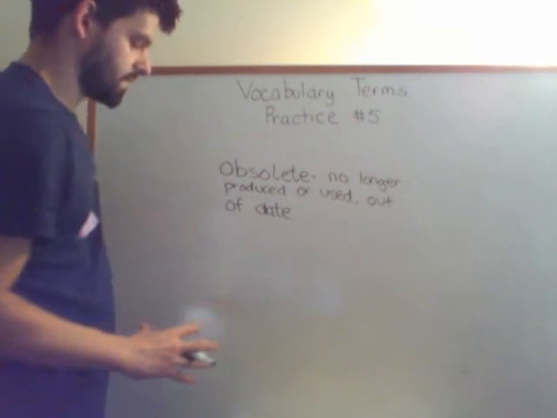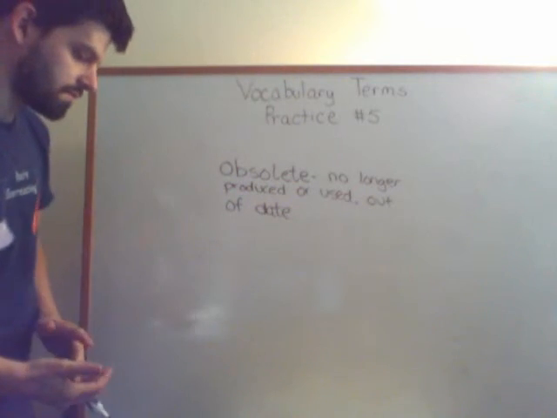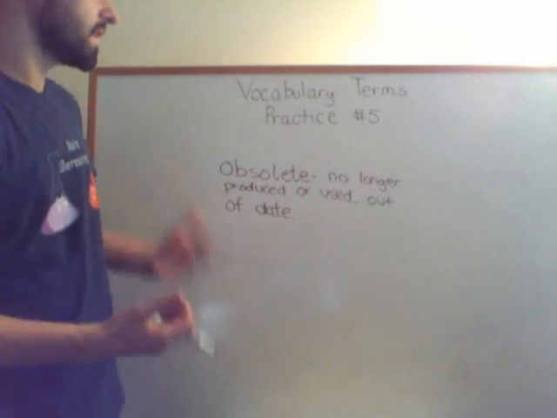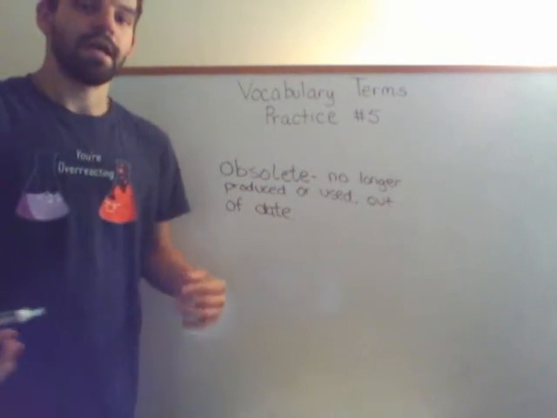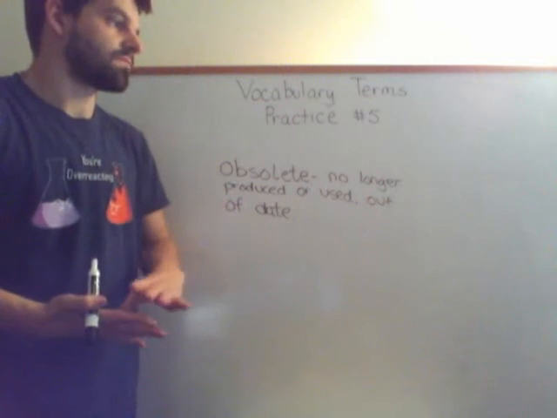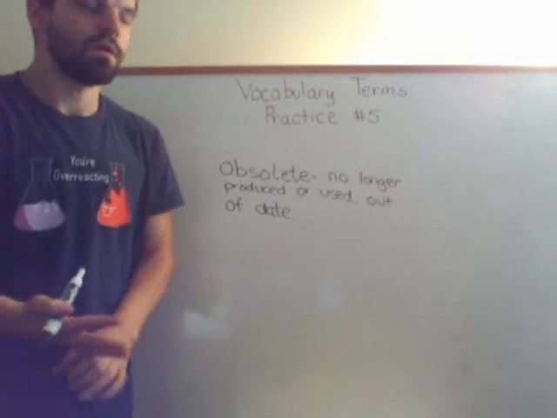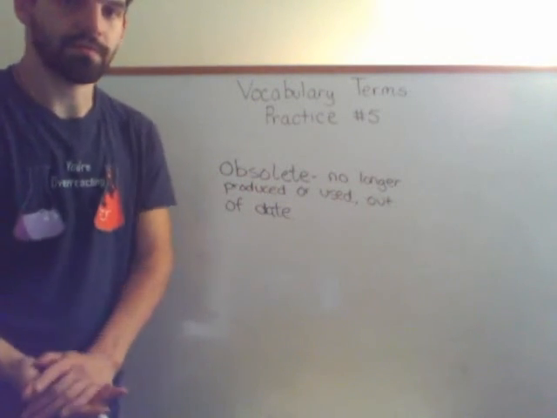And the sentence that I came up with for this definition is the disposal of old and obsolete machinery. So as time goes on, things like your washer and dryer, and maybe even some lawn machines like your lawnmower, they get old over time because they're used so much.